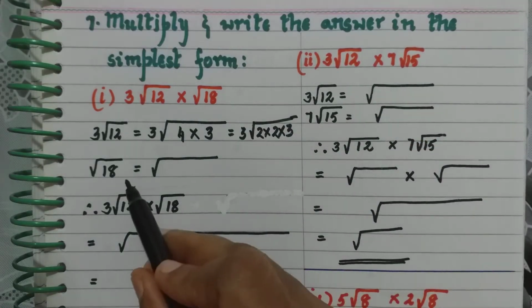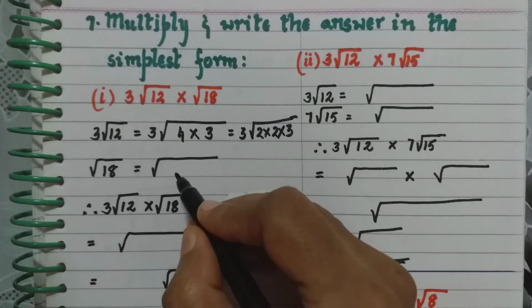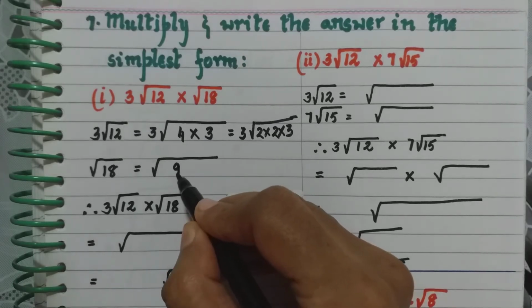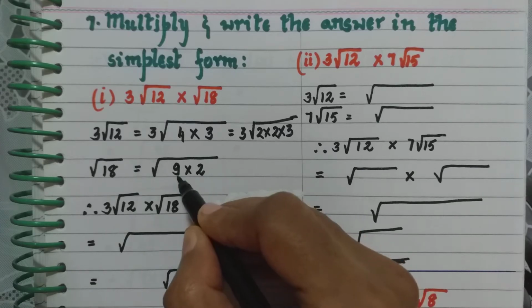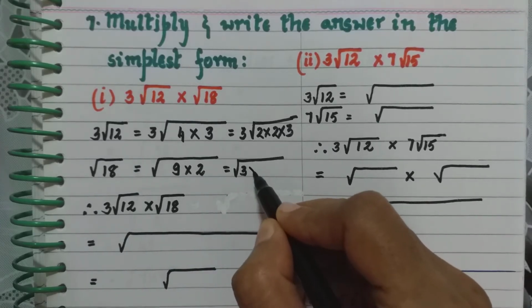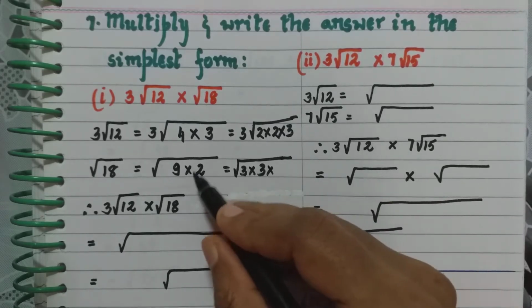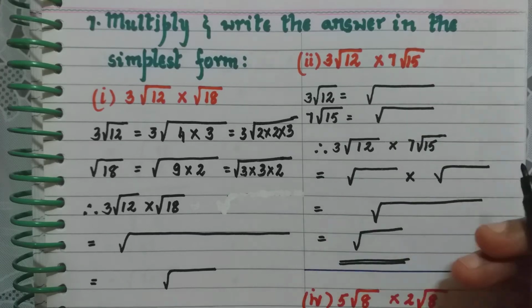Now square root 18: I can write it as square root of 9 into 2, but 9 is nothing but 3 into 3, and here we have this 2.